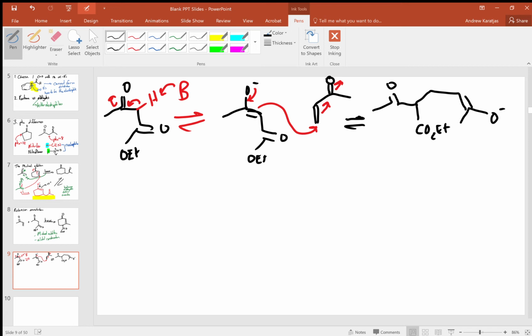And the reason I say this step might be surprising is in equilibrium, we're going to actually go from a more stable intermediate to a less stable one. And that's something that ordinarily doesn't happen.